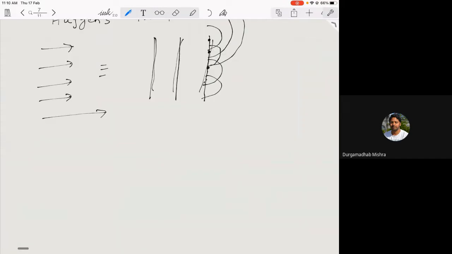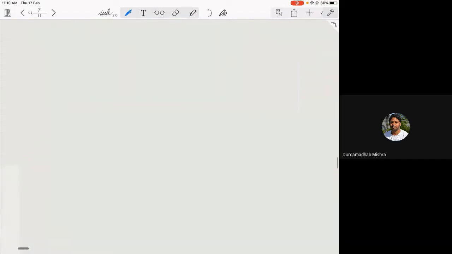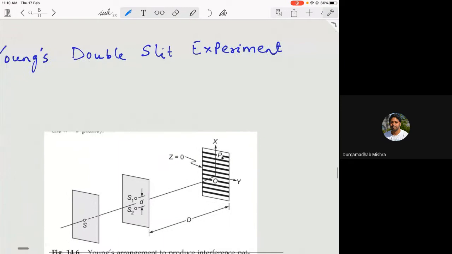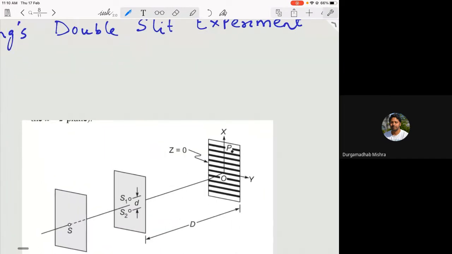So what is Young's double slit experiment? So this is, zoom in a bit. Okay. So what Young did in this experiment, he took a source of monochromatic light, sodium lamp or mercury vapor lamp, and then you shine it on two slits, S1 and S2.